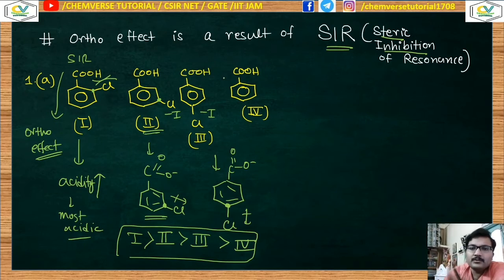So 2 and 3 will obviously be more acidic than benzoic acid. Now what you should calculate is the stability of the conjugate base. The higher the stability of the conjugate base, the more is the acidic strength. Clear? So that is applied over here. So it is an example of your ortho effect.